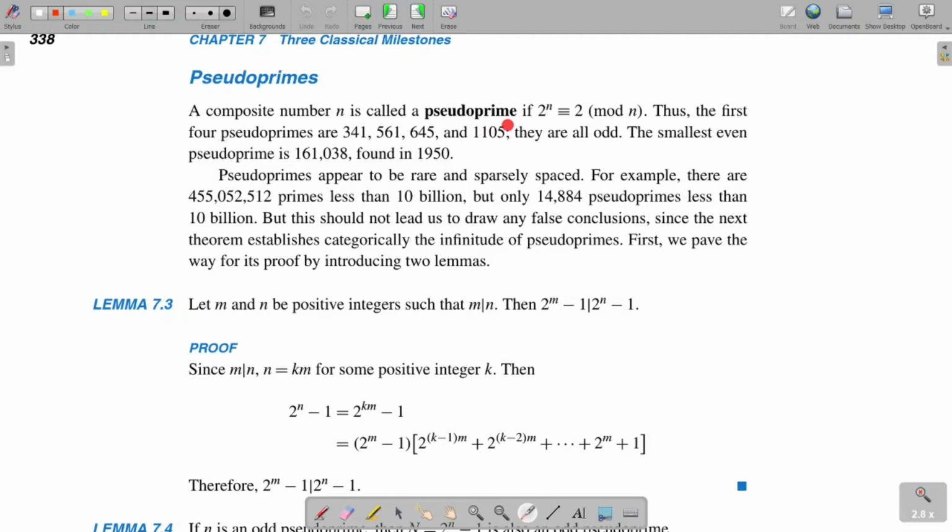Pseudoprimes are not prime numbers, they are composite numbers. What congruence must they satisfy? They must satisfy the congruence relation 2ⁿ congruent to 2 mod n. A composite number that satisfies this congruence is what we call a pseudoprime. And the first pseudoprime is 341 and others are 561, 645, 1105 etc.